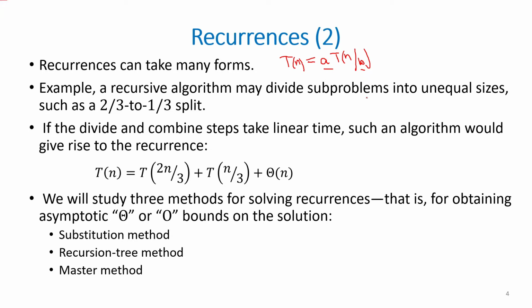But we can also have recurrence equations where the subproblems are not divided into equal parts. In this example, we see that in each recursive level, the T(n) is divided into 2/3 and 1/3 of the original problem. We will learn the 3 methods used to solve recurrence equations depending on the form they have. But before that, let us look at 2 examples that are solved using divide and conquer.